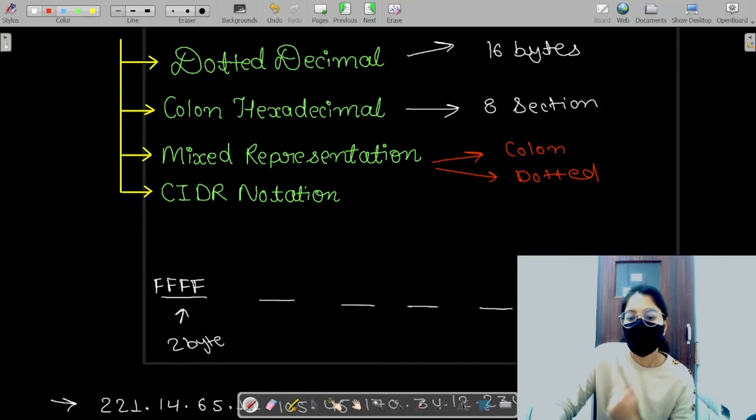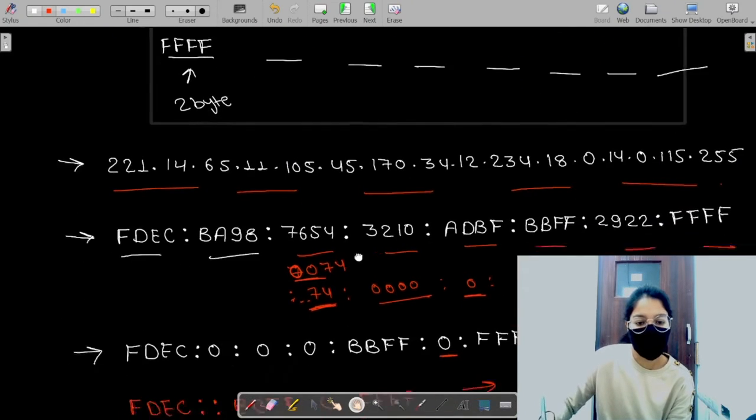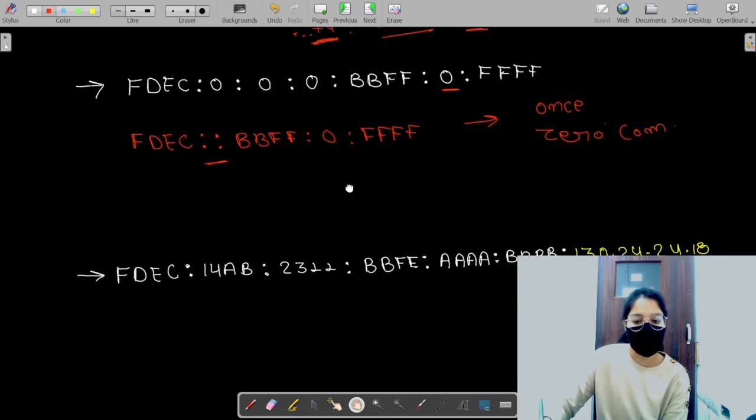This situation will come when we embed an IPv4 address in an IPv6 address, and there we will use mixed representation.